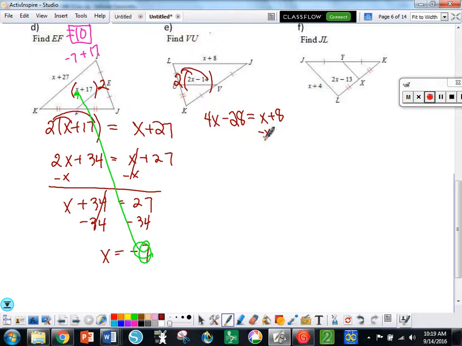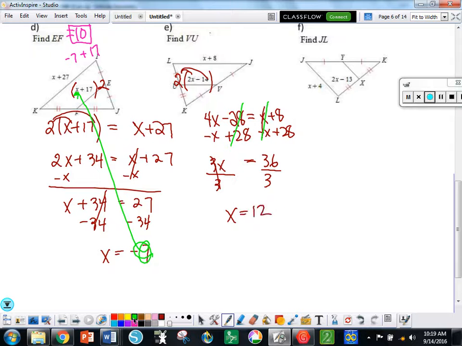Subtract the x. So we get 3x. Add the 28. That cancels and that cancels. When you add 28, you get what? 36. Divide by 3. x equals 12.